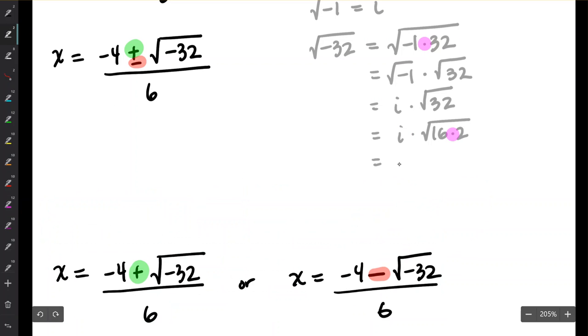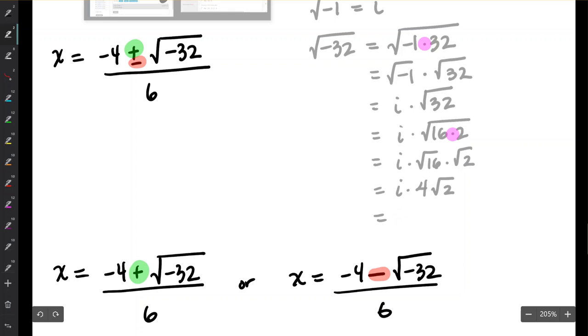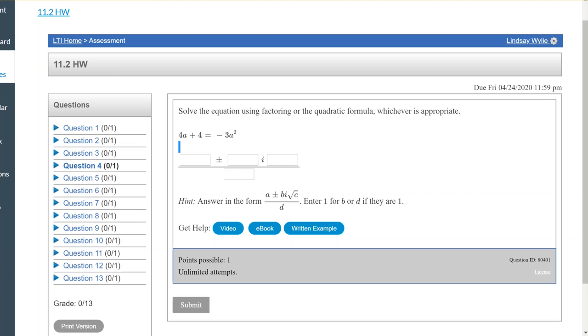We have i times the square root of 16 times the square root of 2, and the square root of 16 is 4, which we can also write as... let me look at the answer box here. Yes, they want the number before the i.